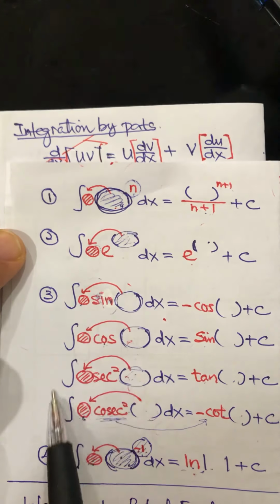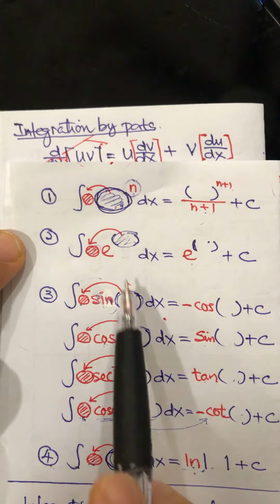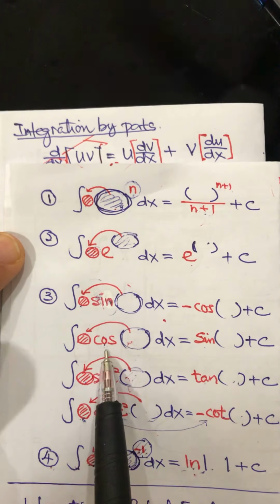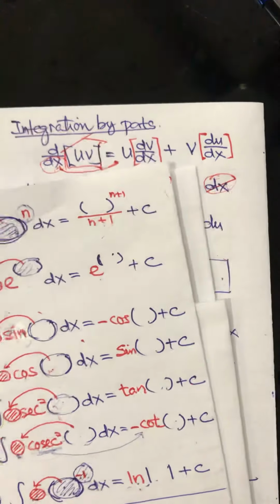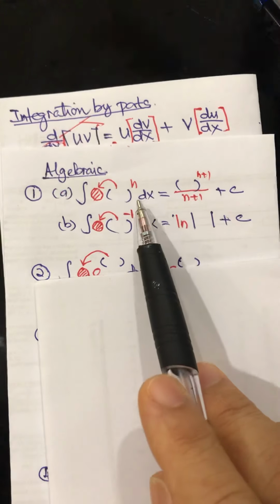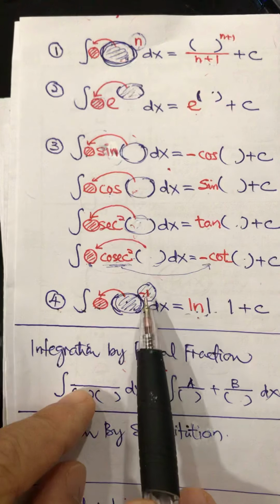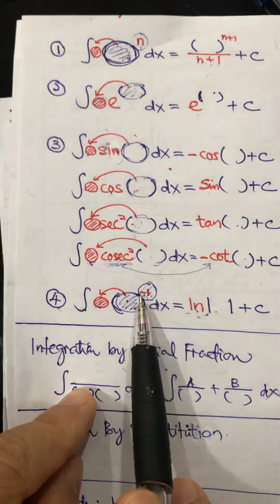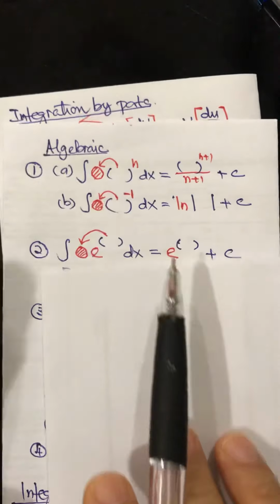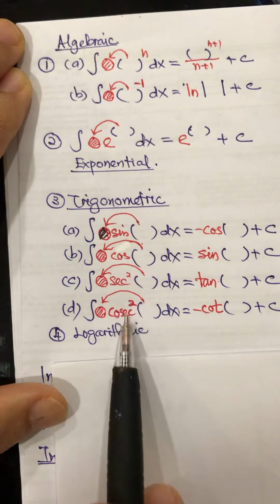And all this is trigonometric. So we have algebraic, exponential, trigonometric. Of course, algebraic is the power, including this fourth one. Here no power, isn't it? Exponential, trigonometric. So this is exponential, and this is trigonometric.